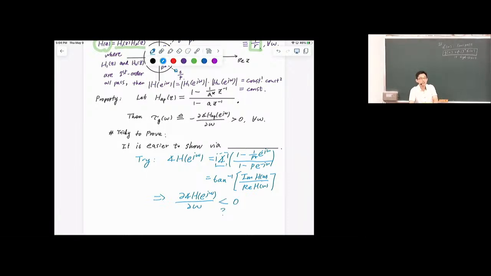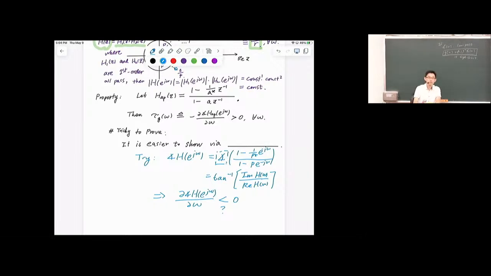You can try that at home, but I won't recommend that. It looks dirty. You might be able to succeed, but it looks dirty. But I know it is true. It's also in the textbook. The group delay is always positive for such kind of system that we can construct.